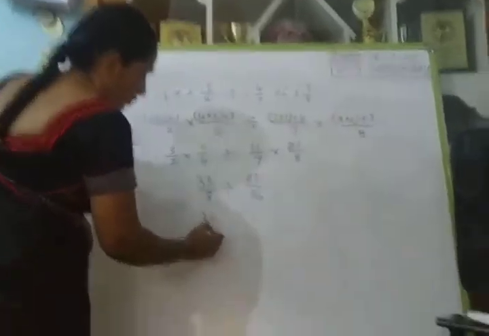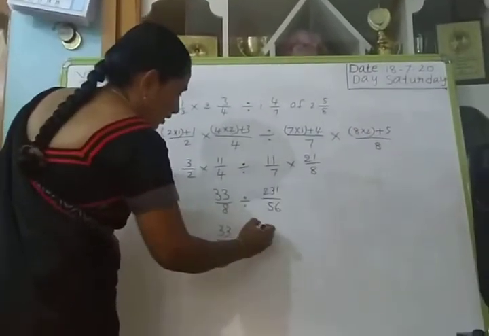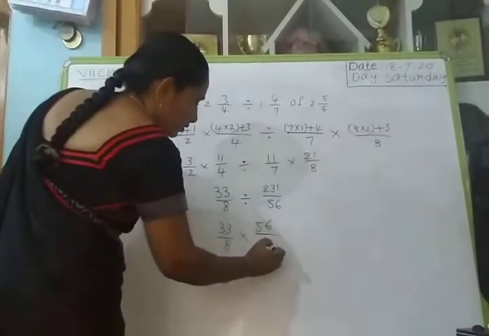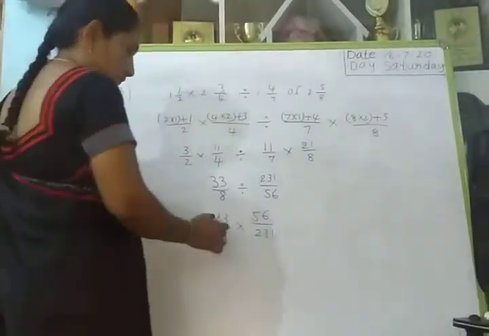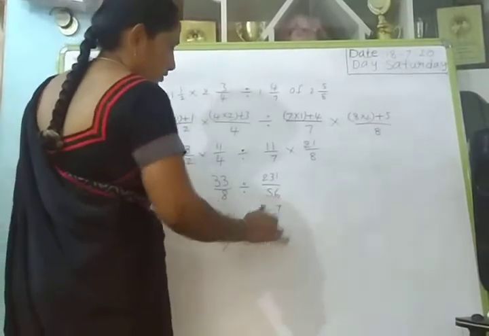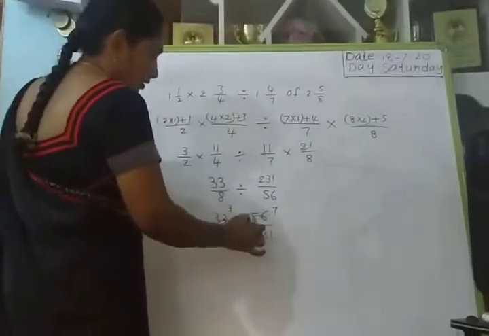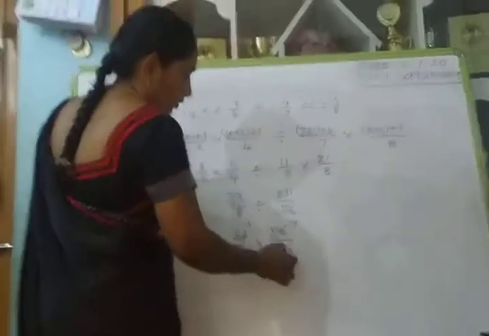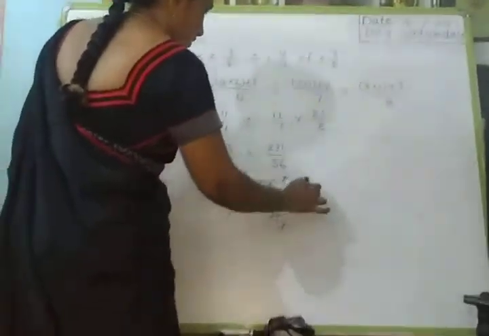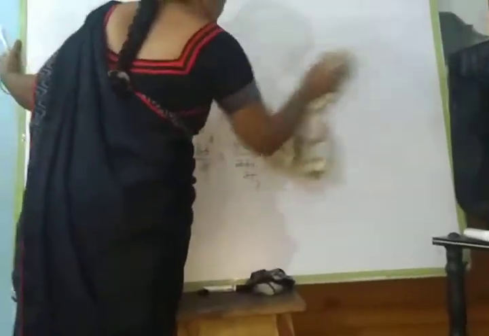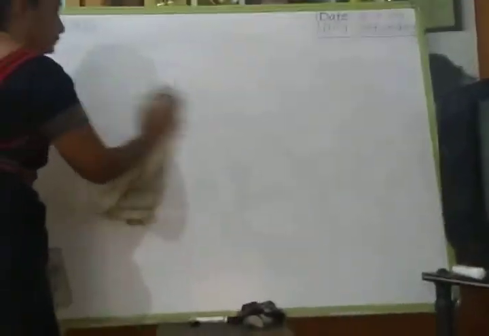So 33 by 8 into reciprocal of 56 by 231. 8 1s are 8, 7 ones are 7... 11 3s are 33, 11 2s are 22, 11 1s are 11, 3 1s are 3, 7 3s are 21. So the answer is 1. So these are yesterday's homework problems. Once you check it, if you did it wrong, write it again.